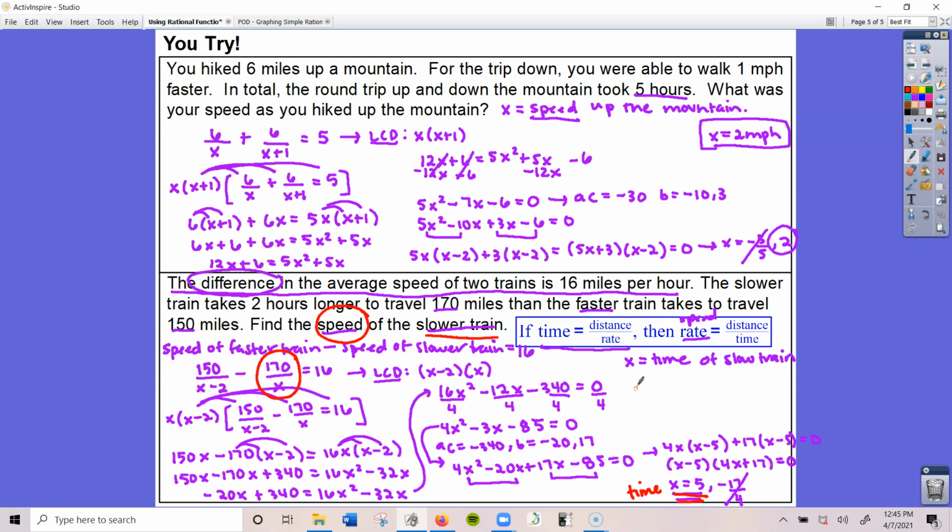So the speed is going to equal 170 divided by 5. And when we divide, we get 34. And my units would be miles per hour. And that's using rational functions to solve these word problems.